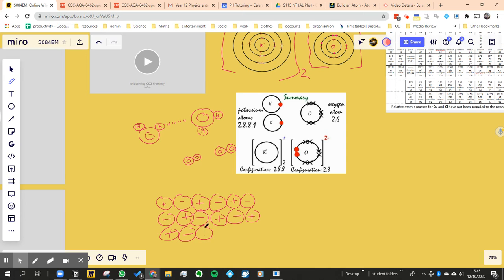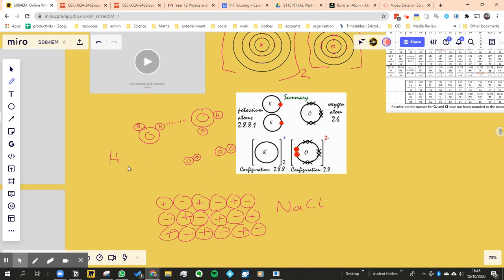So this is a lattice because it doesn't have any particular end. There's no specific end of the lattice, and the formula NaCl doesn't mean there is one atom of sodium and one atom of chlorine.